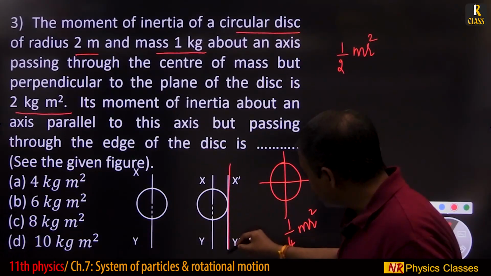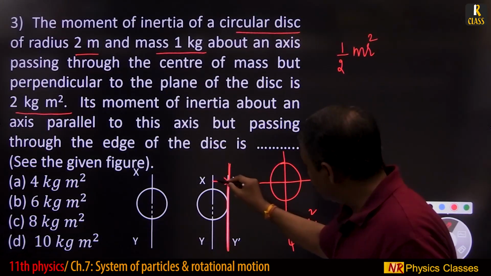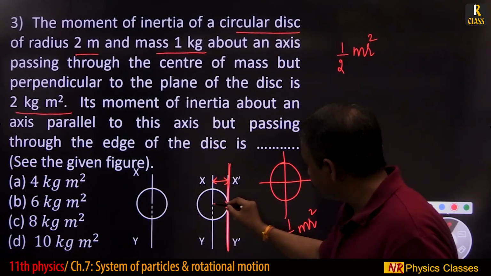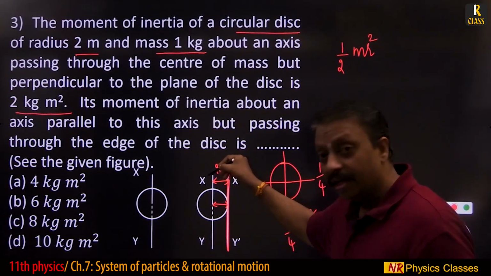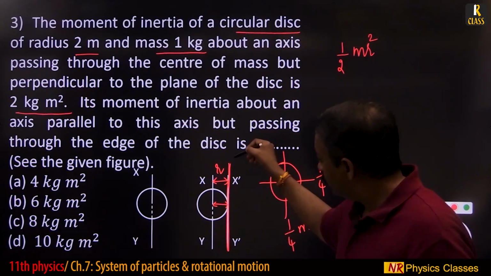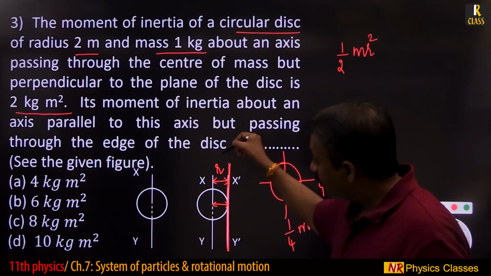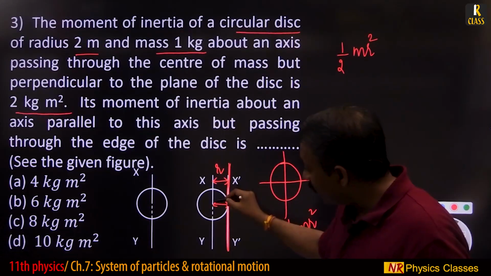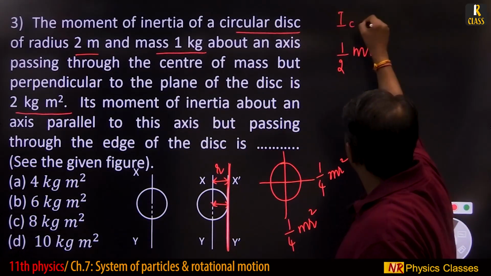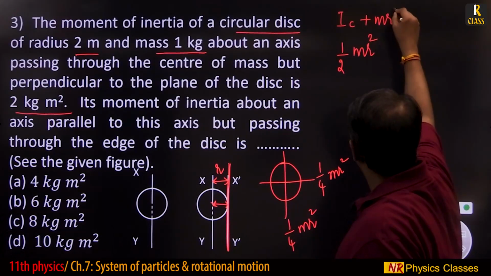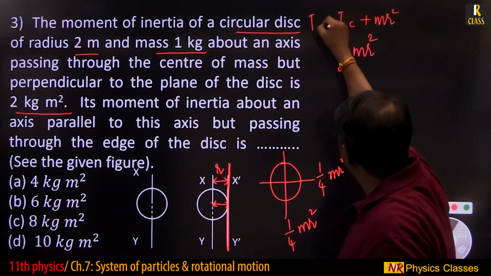Now about this axis, this distance is the radius, isn't it? About an axis parallel to the axis passing through the center of mass, I_C plus mr square is the moment of inertia.